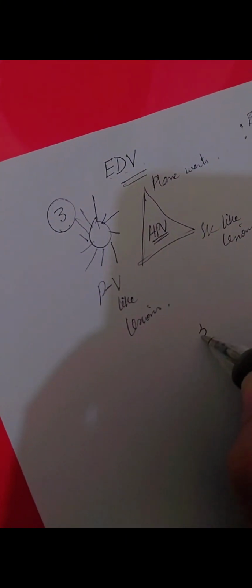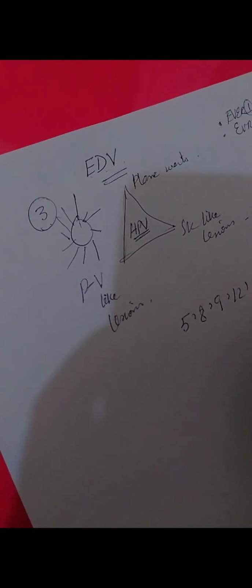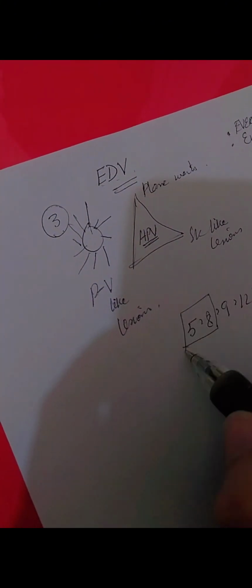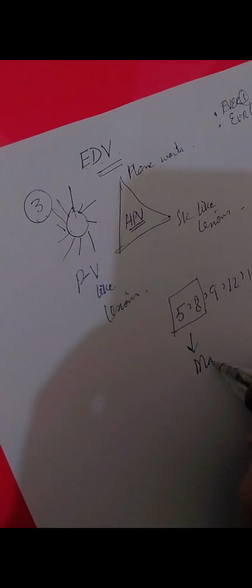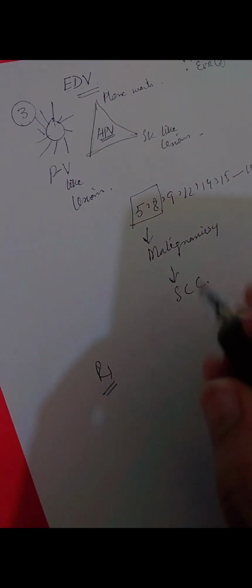There are many types of the human papillomavirus, starting from 5, 8, 9, 12, 14, 15, 19 to 25, and many more. But the main thing to remember is 5 and 8 are associated with malignancies, and the malignancy is SCC. For the treatment of epidermodysplasia verruciformis, because sunlight has a role in it, sun protection is most important.